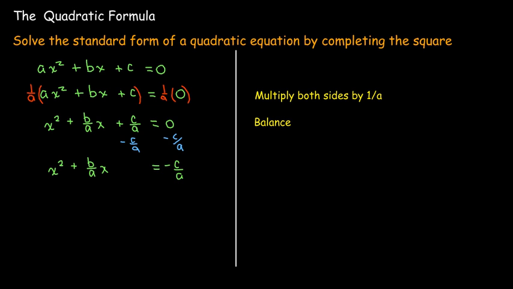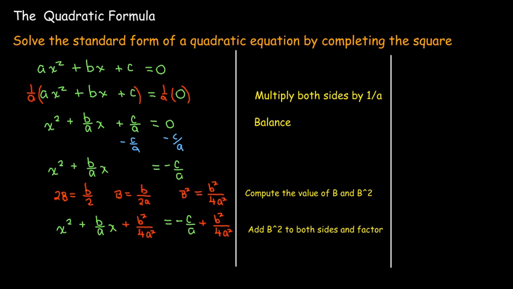So 2b, and I'm talking about uppercase b, is lowercase b over 2. So b over 2a is the second term when I find the factorization. And squaring that is b squared over 4a squared. That's what needs to be added to both sides.